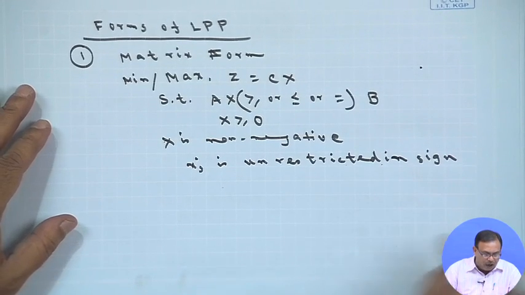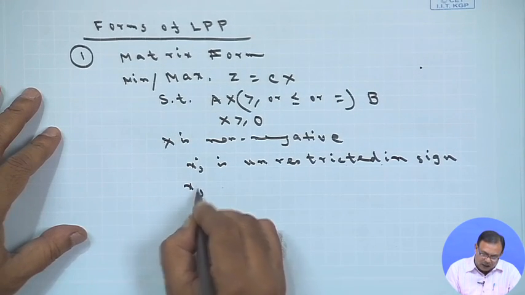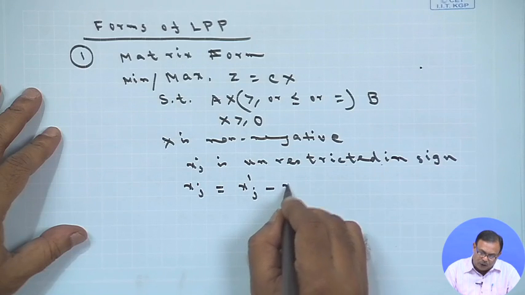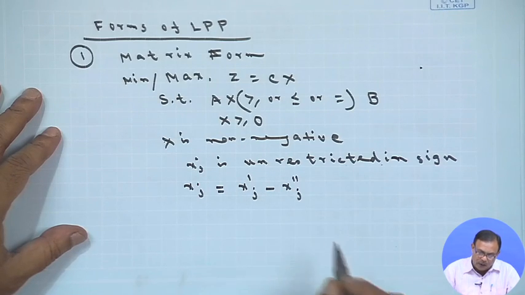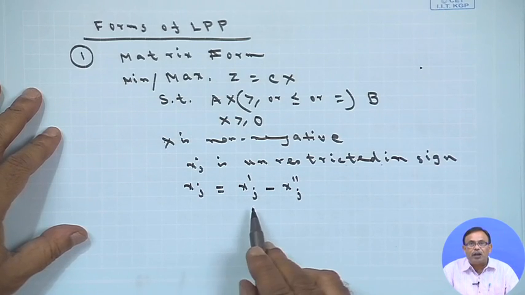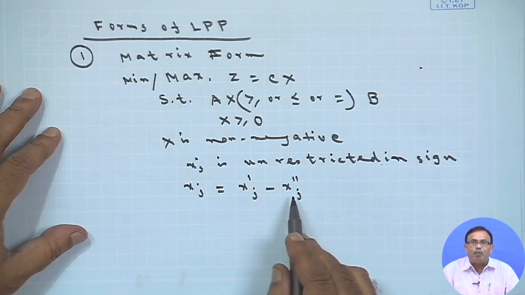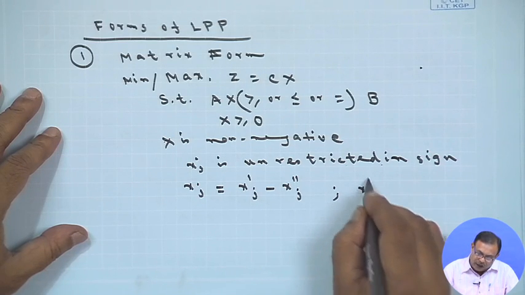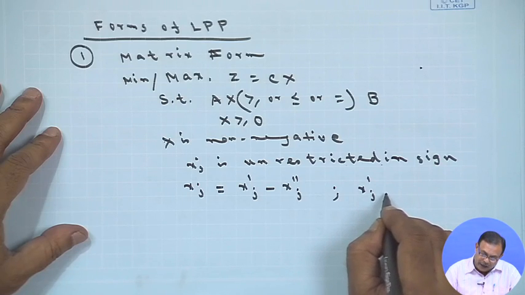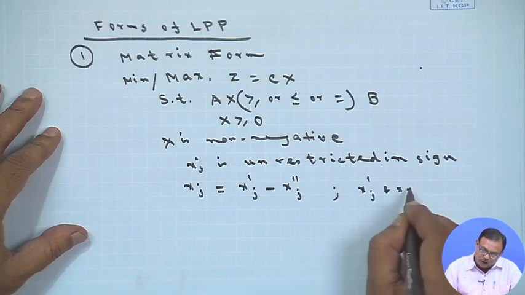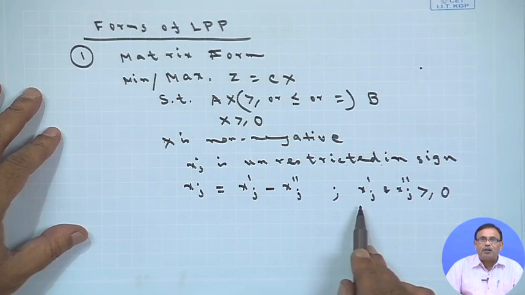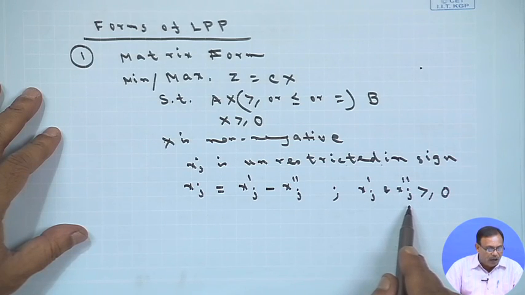So, if this is the case, I can represent x j by two more decision variables, and I can write x j equals x j dash minus x j double dash, where both x j dash and x j double dash are greater than equals 0.